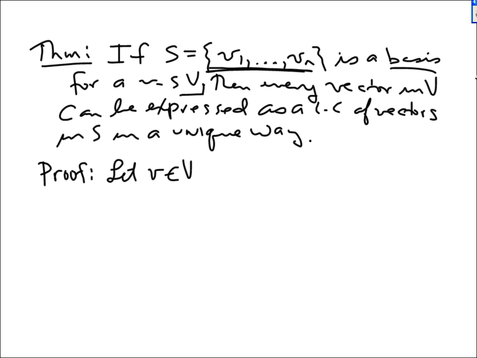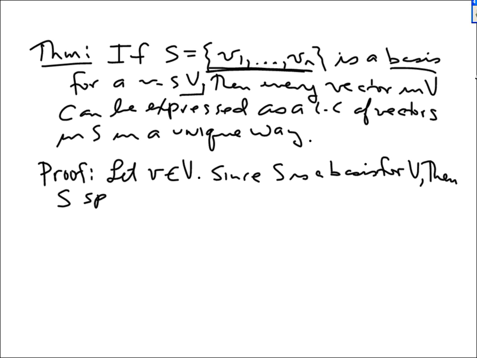Let v be in V. Since S is a basis for V, then S spans V. And that's one of the definitions for a basis. If S is the basis for V, then S spans V, and S is linearly independent. The vectors in S are linearly independent.